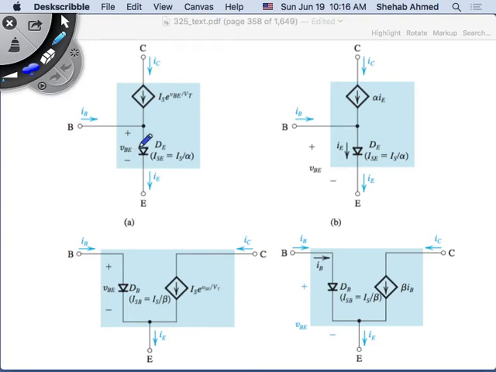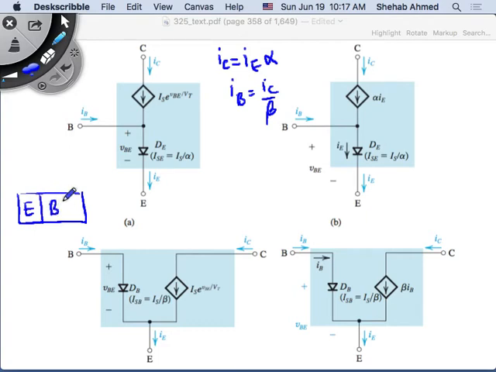Remember, we said that IC is equal to IE times alpha, and IB is equal to IC divided by beta, right? Remember, this was my device. This was my emitter, base, collector.